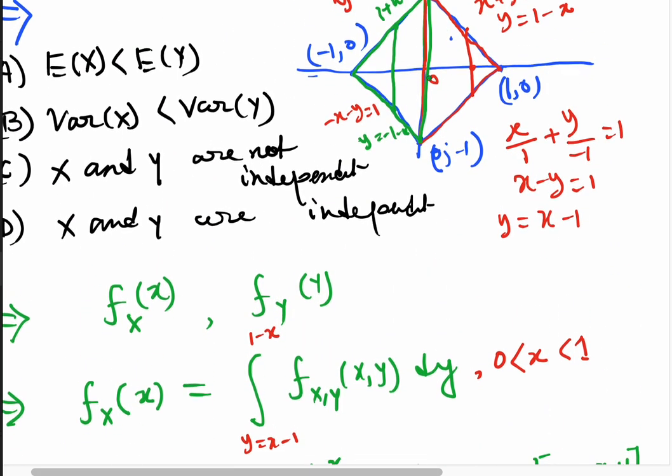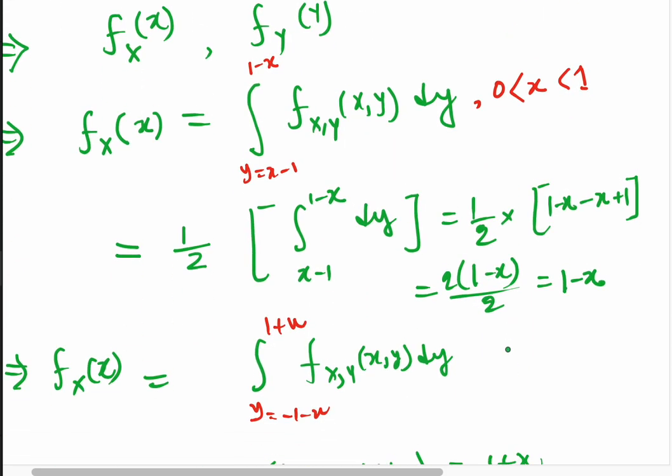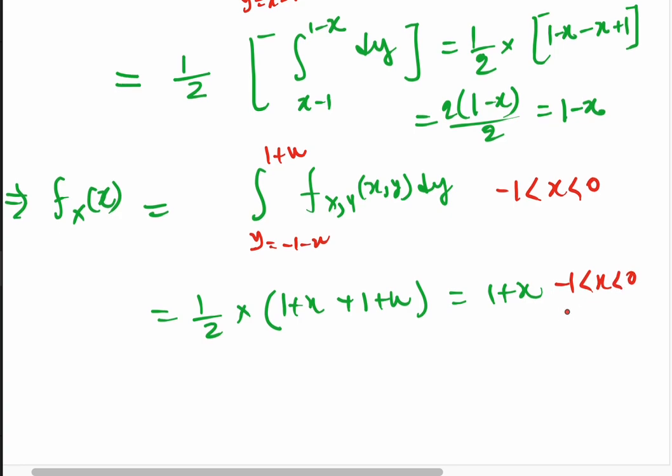In what region can x take values? From -1 to 0. So this is valid for x between -1 and 0, while the earlier one is valid for x between 0 and 1.